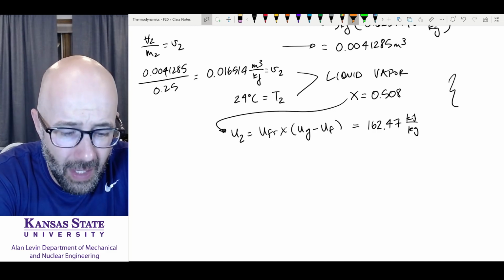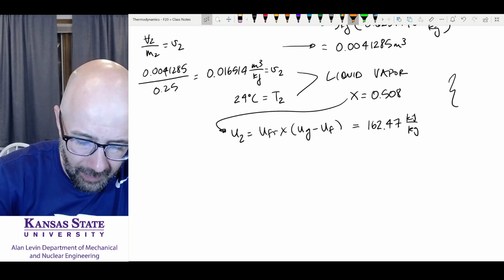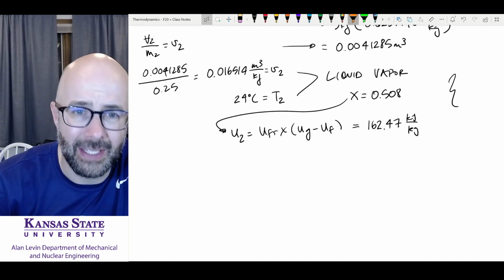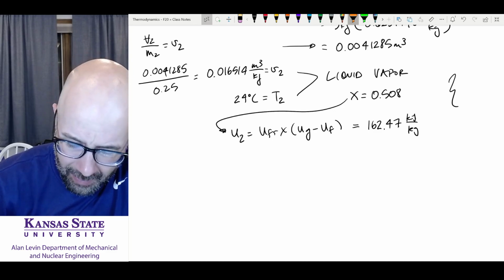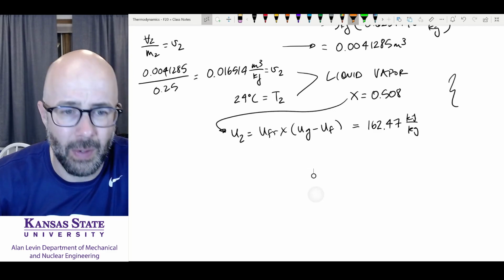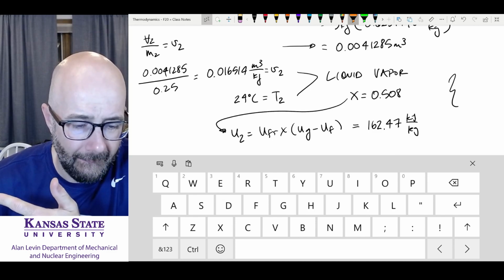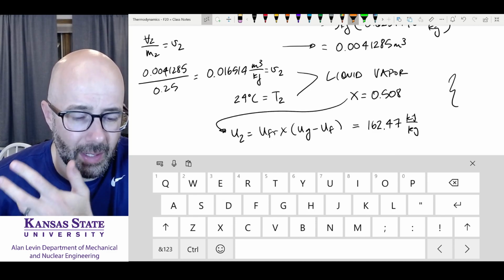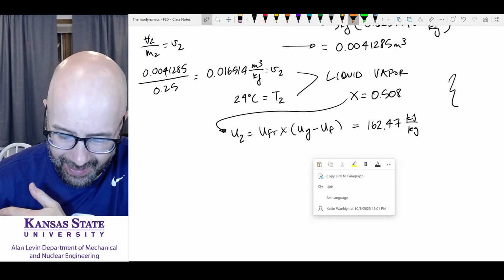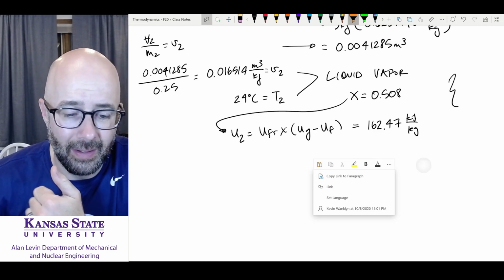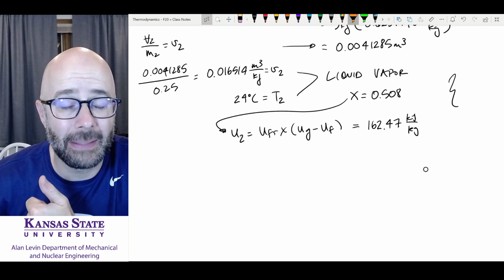Whatever the case may be, we now know everything in that previous equation that I had right above here. I now know U1, U2. I now know mass 1 and mass 2. I know the enthalpy exiting.